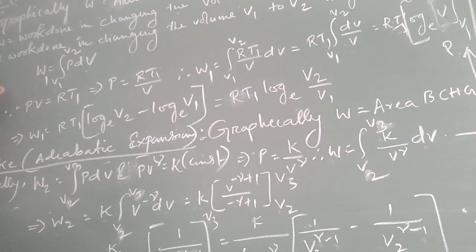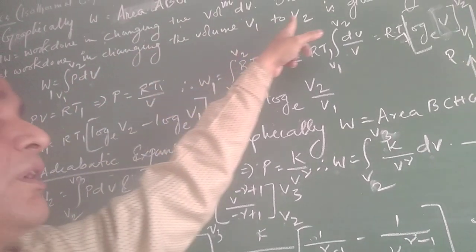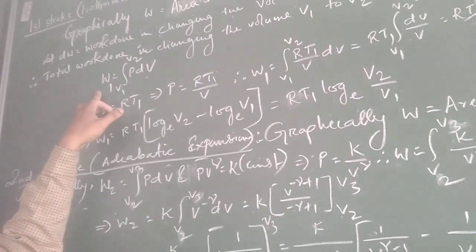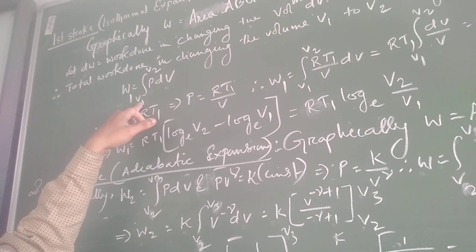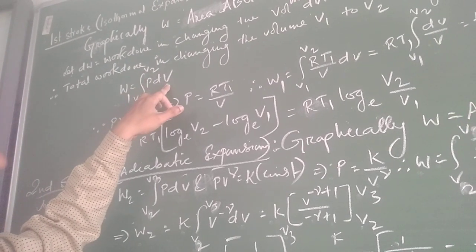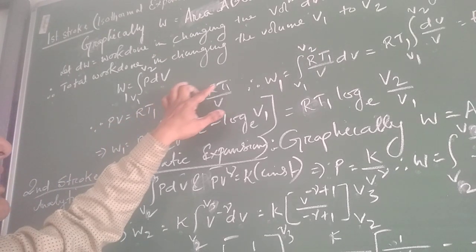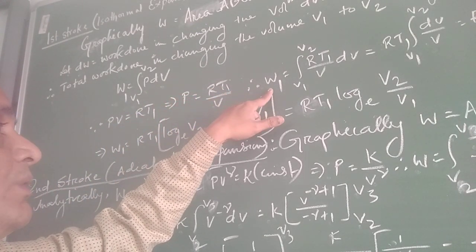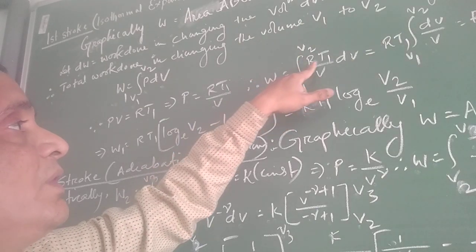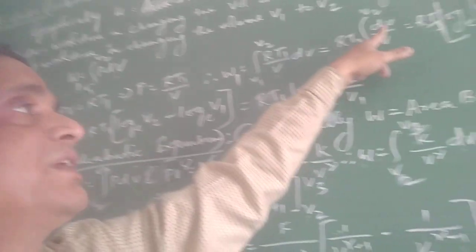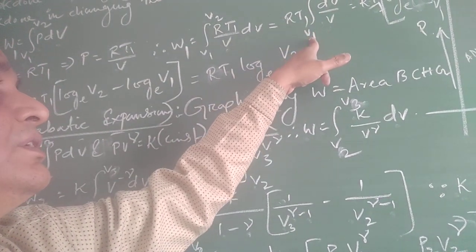Therefore, the total work done in changing the volume from V1 to V2 is W1 equal to the integration from V1 to V2 of PdV. Since PV equals RT1, P equals RT1 by V. Therefore W1 is the integration from V1 to V2 of RT1 by V dV, which is RT1 times the integration of dV by V from V1 to V2.